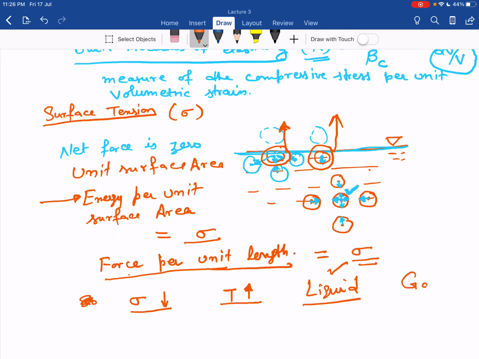There is no surface tension in case of gas, because in case of gas the molecular distance is large and there is no concept of cohesive force between the molecules. So surface tension appears only in case of liquids. Okay, so these are the few properties of fluids.